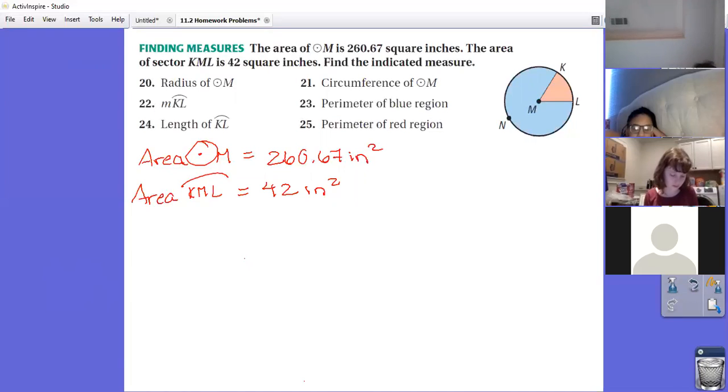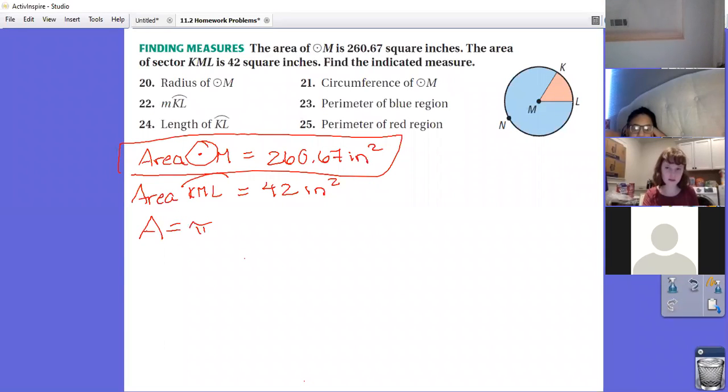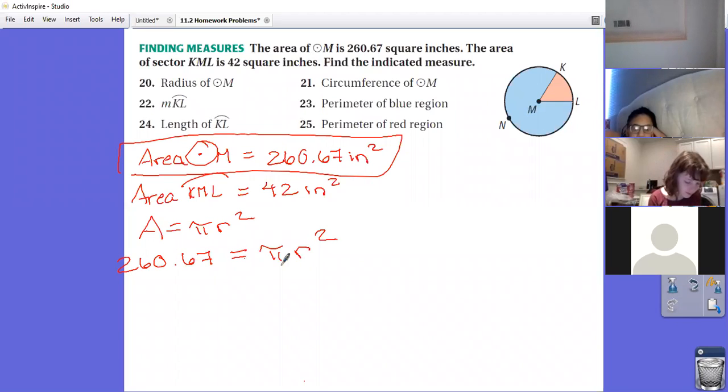So for number 20, you're trying to find the radius. I already have the area of the circle, so I don't even need to worry about the area of the sector. So area is equal to pi r squared. So I know the area of the circle, 260.67, is equal to pi r squared. And then I'm going to divide both sides by pi.